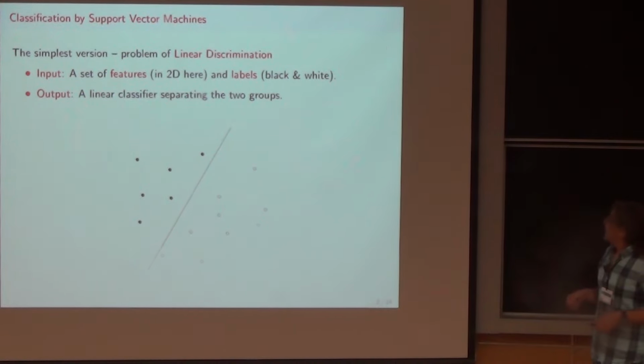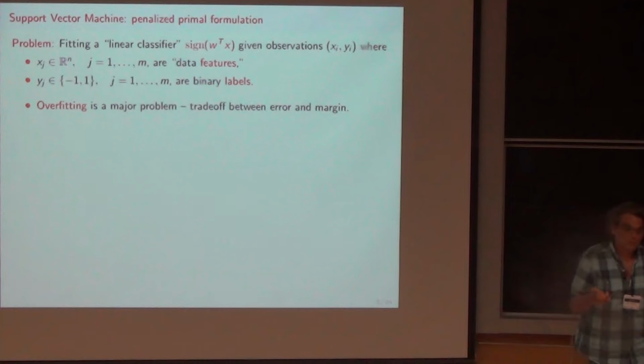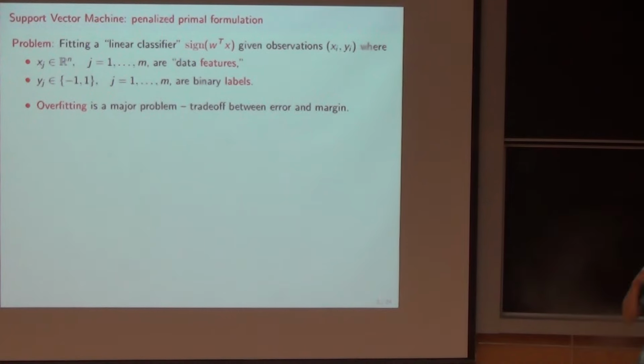Unfortunately, this is not a good optimization problem because the empirical risk is not a convex function. So you transform it. You try to find a convex proxy which can be efficiently treated. So let us come to the problem of support vector machine, SVM, classification, which is very simple.